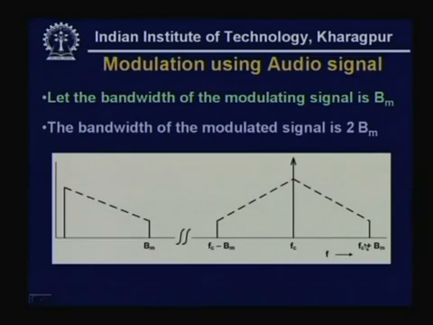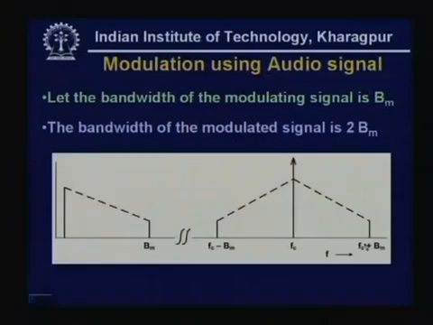the bandwidth whenever the modulating signal is not a simple sinusoidal wave. We are now modulating the signal with the help of an audio signal, and in that case the audio signal has a bandwidth of Bm. So, we can see from almost 0 to Bm, that is the bandwidth of the audio signal.